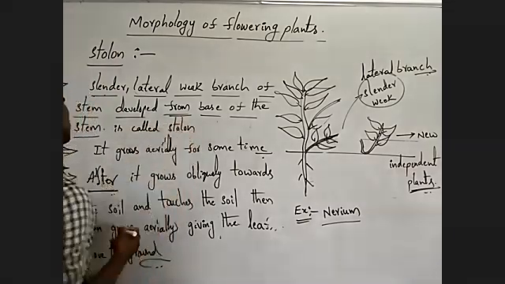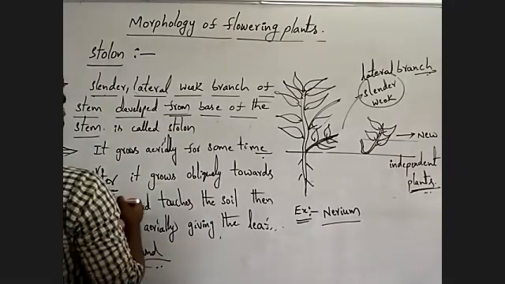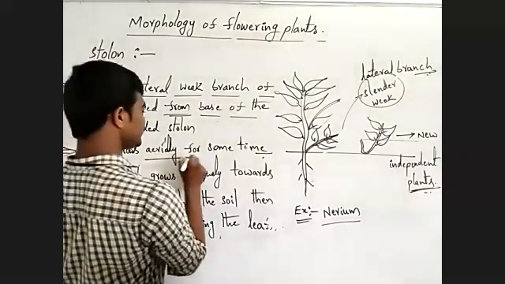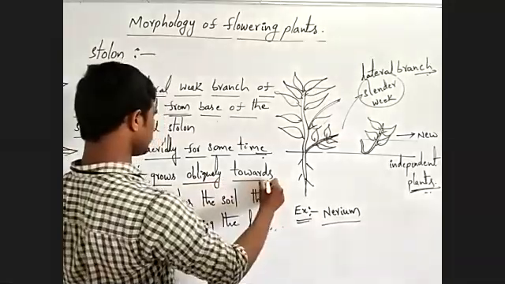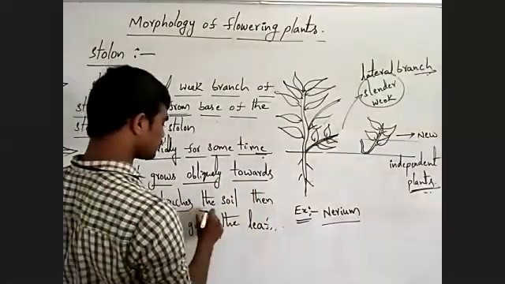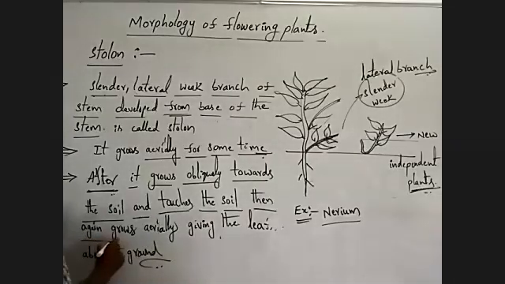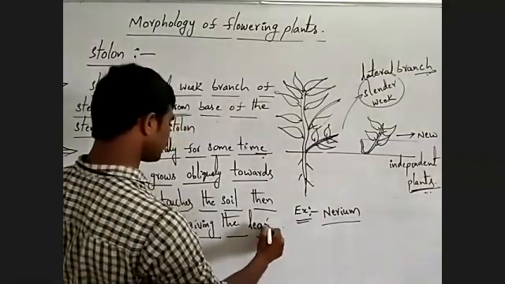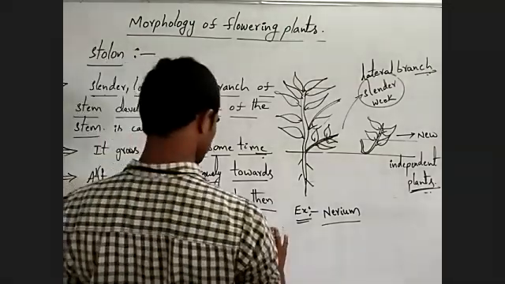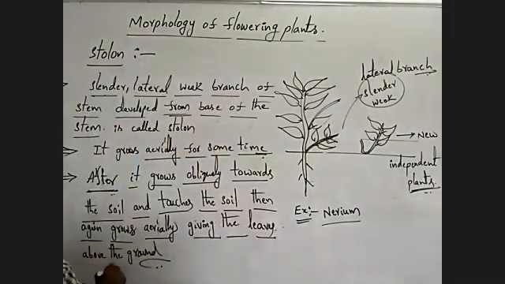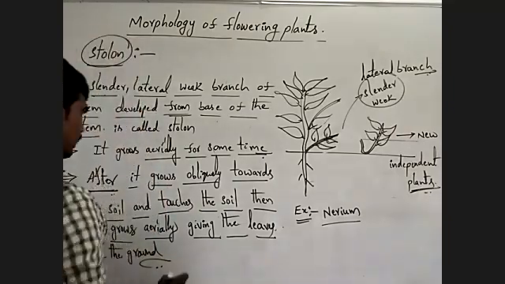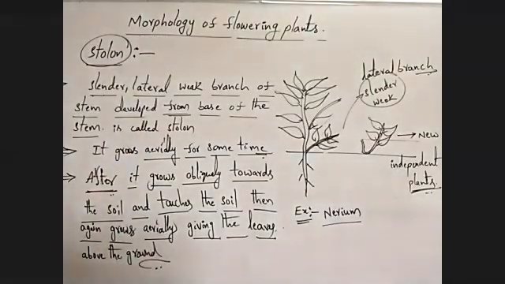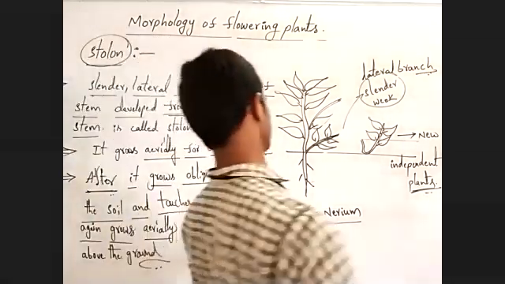Actually, it grows aerially for some time. After it grows obliquely towards the soil and touches the soil, then again grows aerially, giving the leaves above the ground. This type of branch is called stolon.